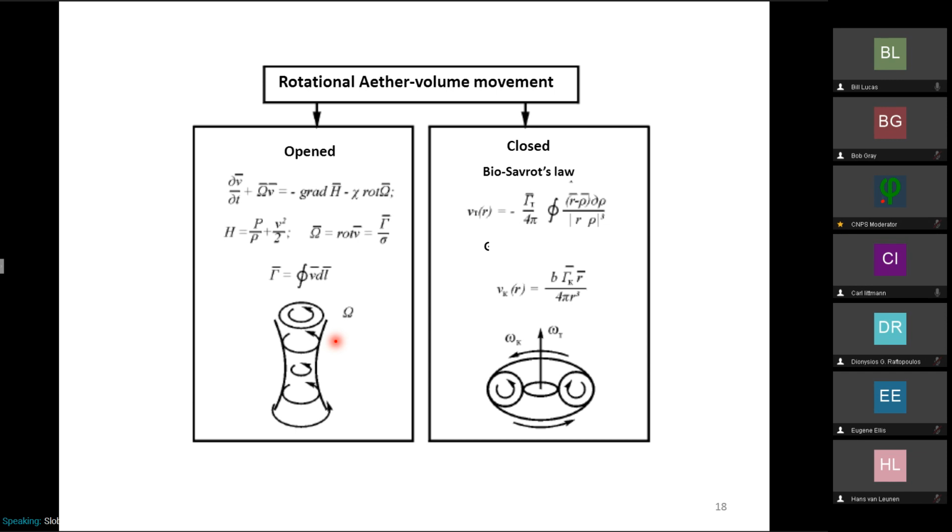Historically, traditionally, the ether was considered an ideal fluid without viscosity and without compressibility, so it was considered that vortexes cannot appear or disappear. This type of vortex can only be attached to different media.